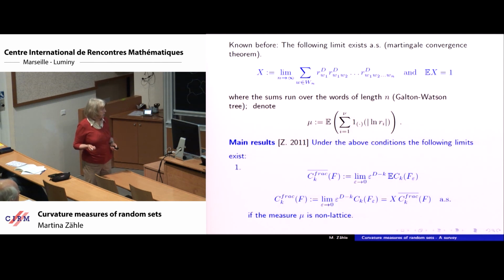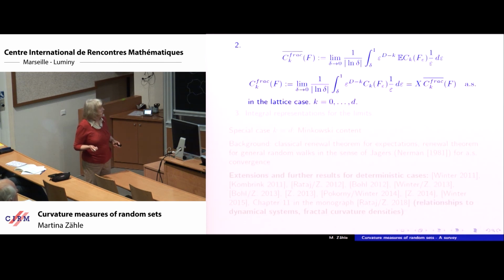And this is if the measure is non-lattice. If the measure is lattice, one should take again average limits, in the sense of mean values or in the sense of convergence with probability 1. And so one has random fractal curvatures for the model, and one can also localize this to measures. This was also done. Yeah?